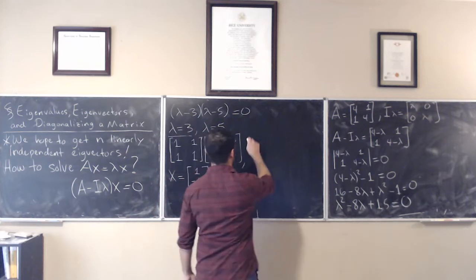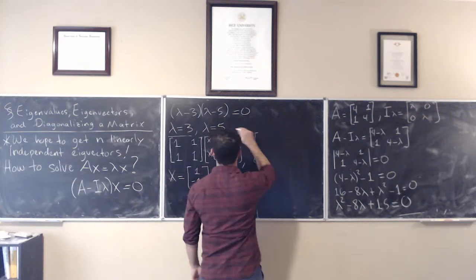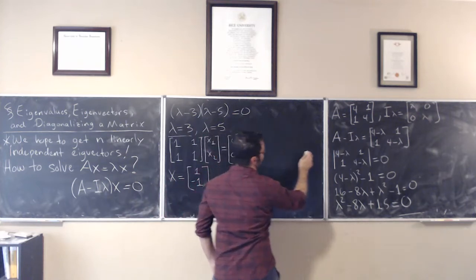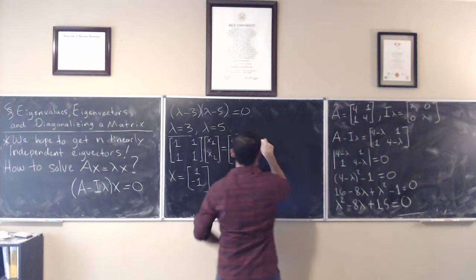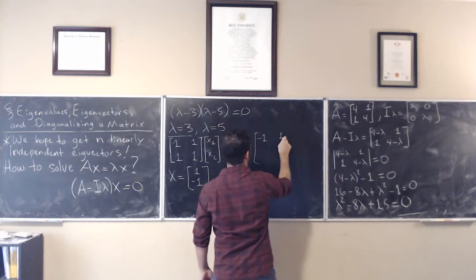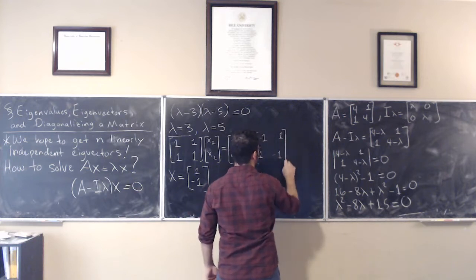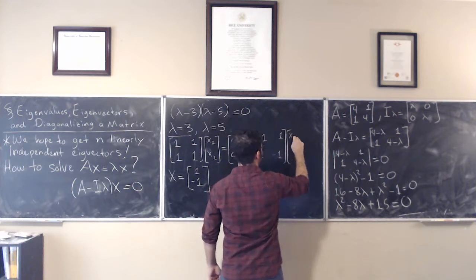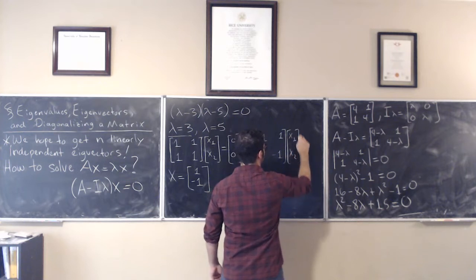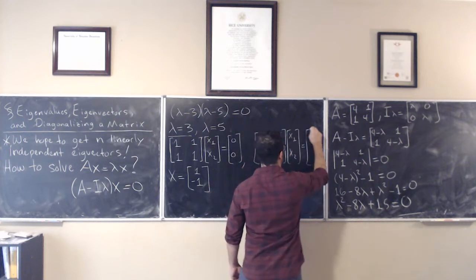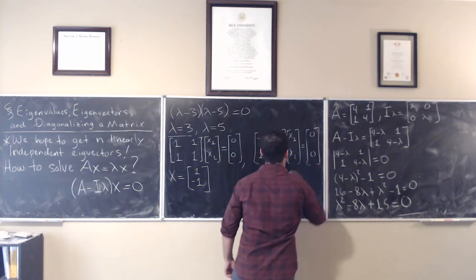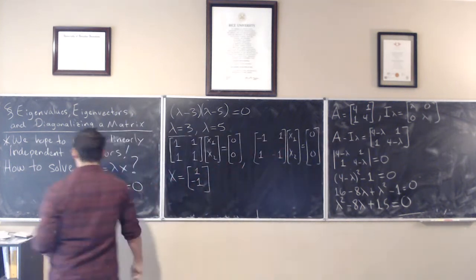So what about with the other lambda? So then we have 4 minus 5, so minus 1, 1, 1, and 4 minus 5 is another minus 1. What's another eigenvector?